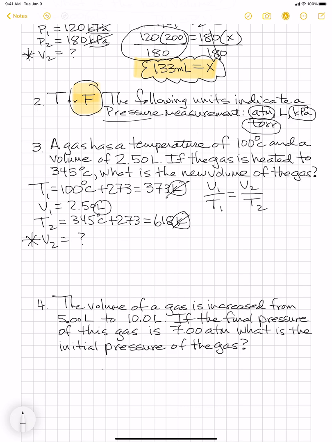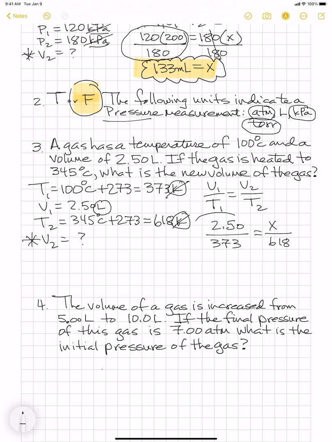So the way it's going to look is 2.50 over 373 is equal to x over 618. Okay, we've done many of these problems during the week.